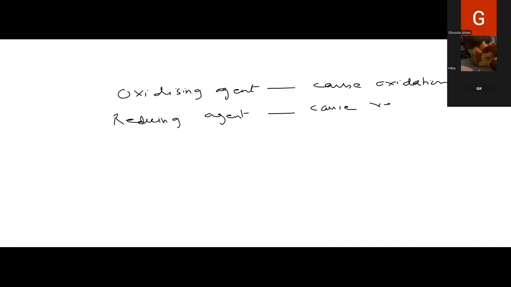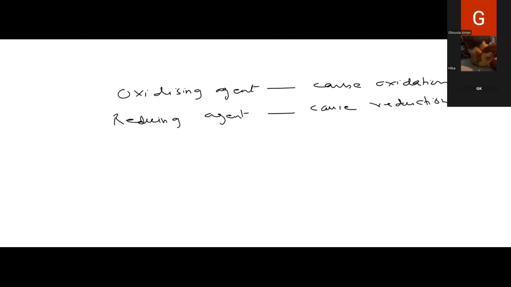Naturally, it causes something, so it will cause oxidation of something. And what is a reducing agent? It causes reduction of something. Oxidizing agent causes oxidation of something, reducing agent causes the reduction of something.